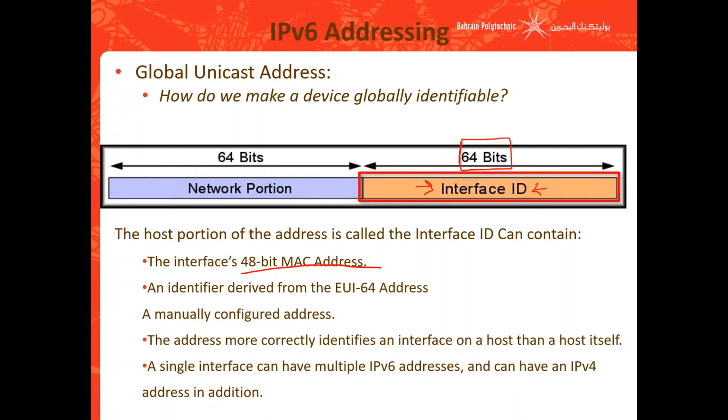There is a MAC address for each device, and we know that it is unique. So the interface ID for IPv6 contains the MAC address, which takes up 48 bits. The remaining 16 bits are for an identifier derived from the EUI-64 address.